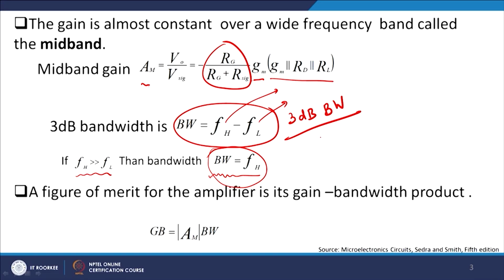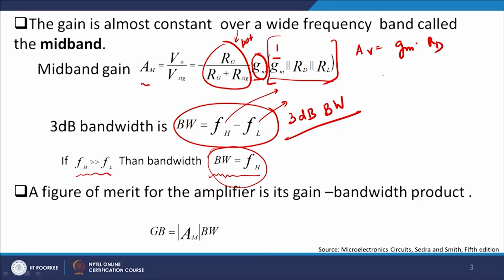So, it should be actually Gm times RD parallel RL. So, it is basically Gm, the transconductance. If you remember, gain was Gm times Rd. So, this is Gm and this is your effective Rd which you see.